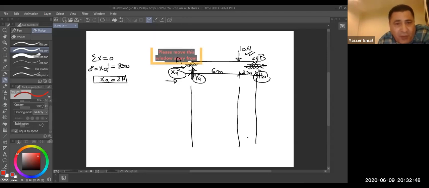The first equation, I already calculated XA. To calculate YA, how am I going to calculate YA? I will use the equation of sigma moment at any point. I will take it at point B. So sigma moment at B should be 0.